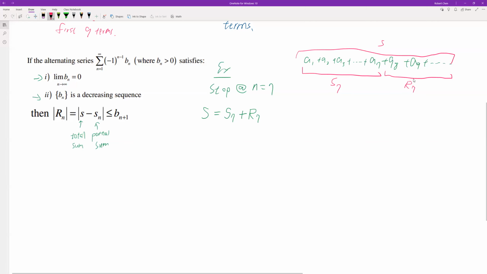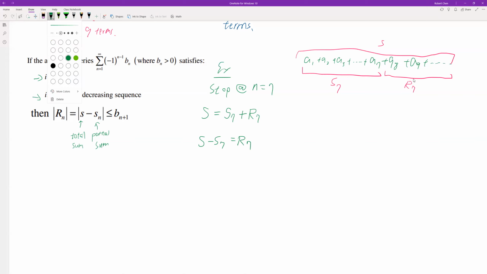What we can do now is subtract S7 to the left-hand side. So we have the total sum minus the partial sum of 7 terms equal to the remainder of the 7th term. This is another way to represent the definition of the remainder. Then we take the absolute value of R7, since it's an alternating series and we're not sure whether it's going to be positive or negative.